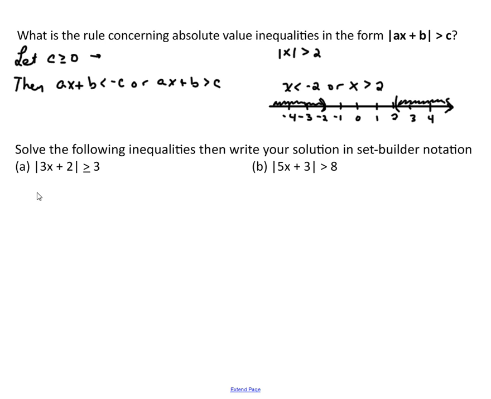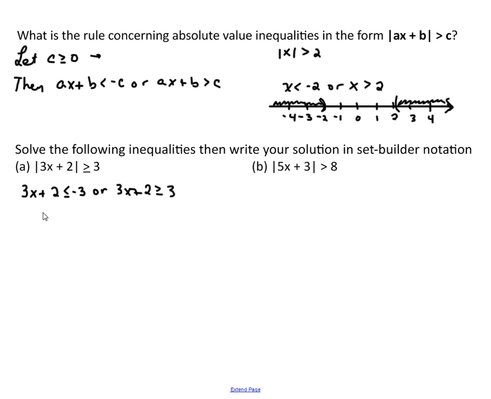All right, let's give it a shot. Let's say we've got the absolute value of 3x plus 2 is greater than or equal to 3. How do we handle it? Well, again, we rewrite it by eliminating the absolute value brackets. So we're going to take 3x plus 2, set it less than or equal to negative 3, or, joined by that word or, 3x plus 2 must be greater than or equal to positive 3.